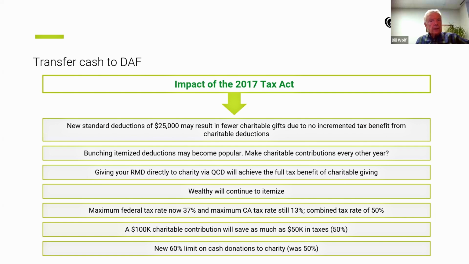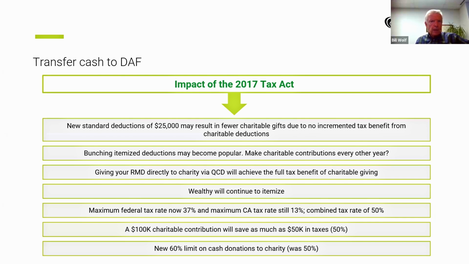And so that is a great way to give up to $100,000 to charity without worrying about itemized deduction limits or standard deductions. It won't be taxed, but you won't get a charitable deduction. It's a wash, but it's an easy way to give to charity and make sure you get the full benefit.